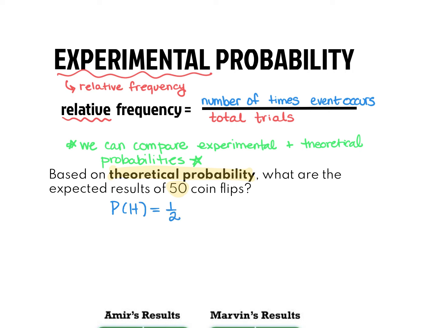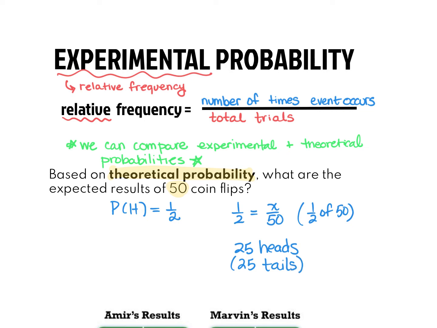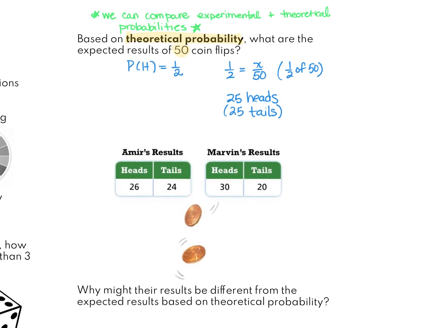So 1/2 equals what out of 50? Or you could also say 1/2 of 50 times. That's going to give you 25 times it will land on heads, and that means there's 25 times it will land on tails. This is theoretical, and we know not everything works out perfectly.